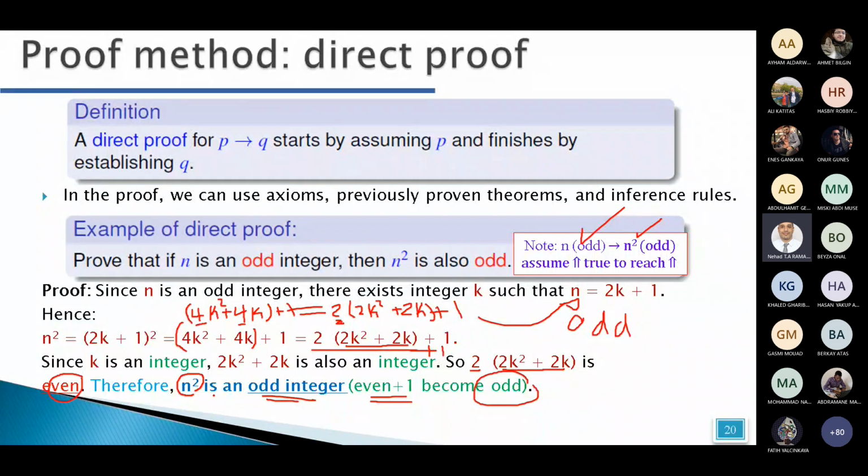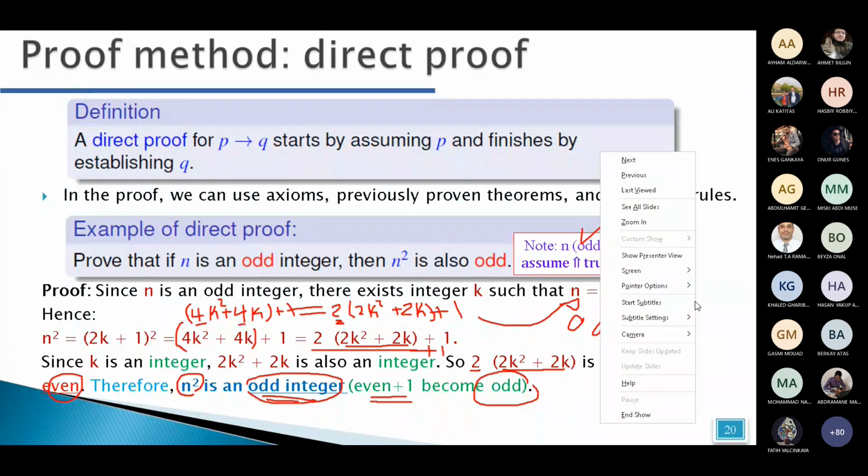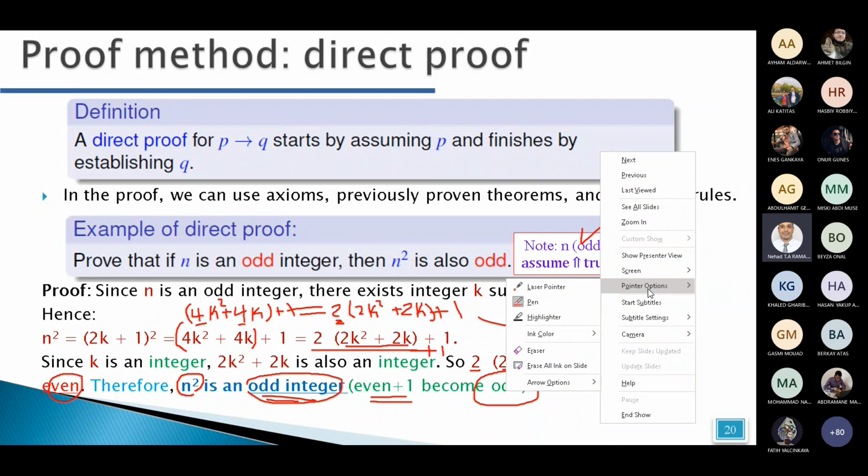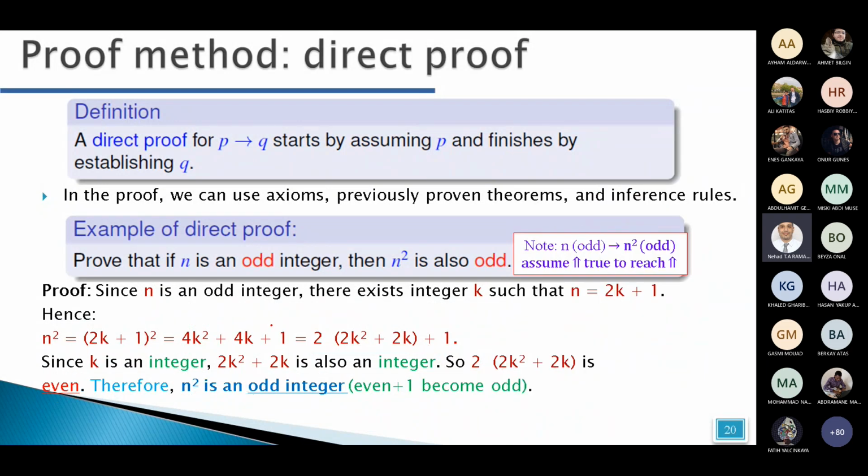So we proved that n to the power 2 is also an odd integer. If n is an odd integer, then n to the power 2 is also an odd integer. This is a direct mathematical proof. As you can see, it's a short proof, but with my description it becomes a little long.